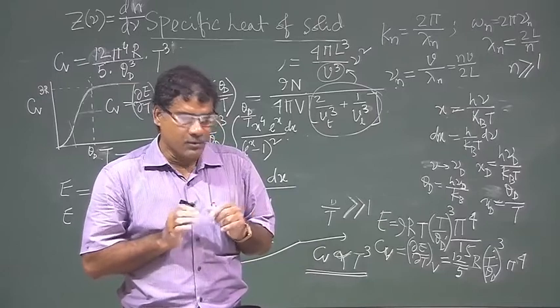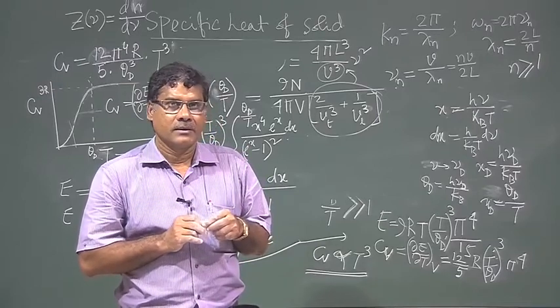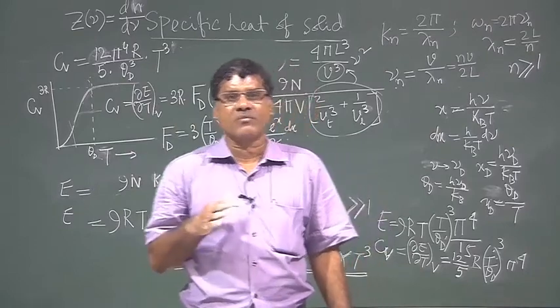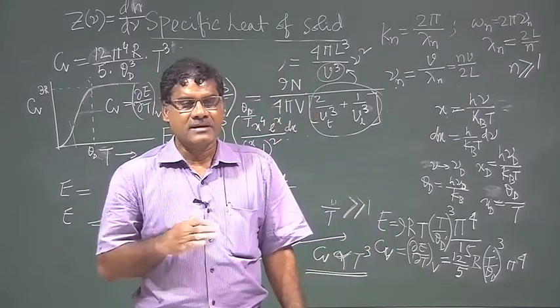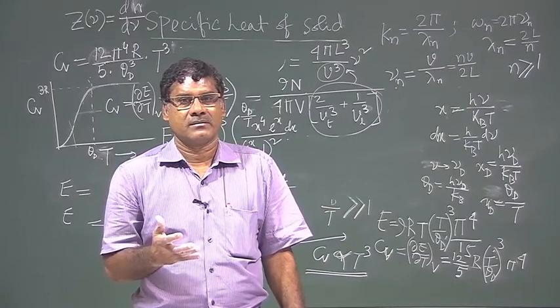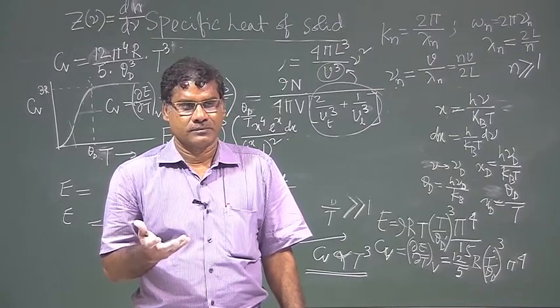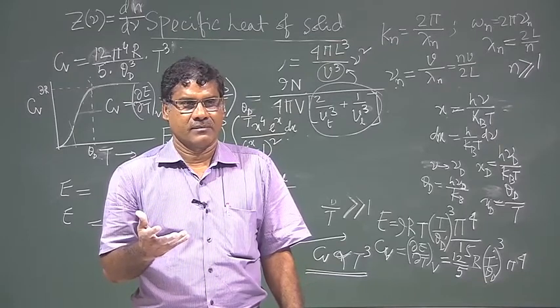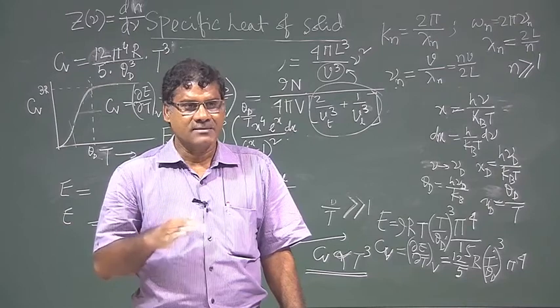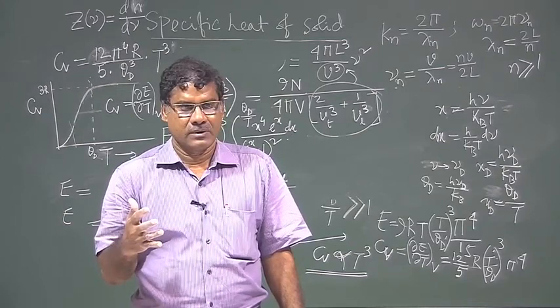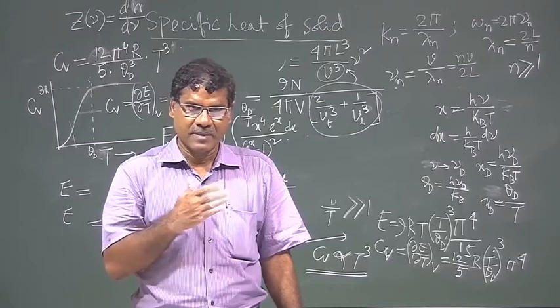So, now what I want to tell you, the lattice vibration we always describe nowadays in terms of phonons. Lattice vibration is nothing but the oscillation of phonons. Okay. So, lattice vibration is expressed in terms of phonons.